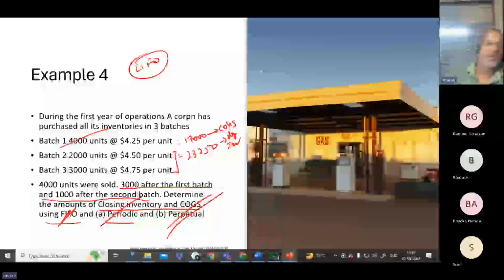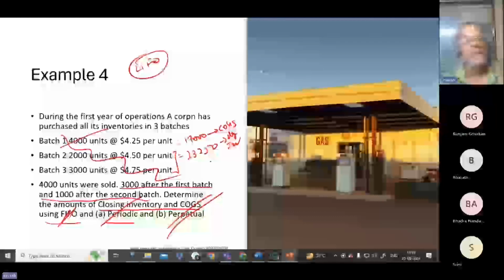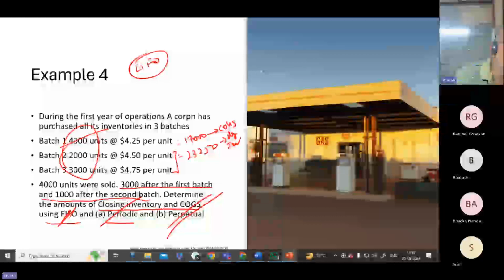Now, what do you understand from LIFO? Last in, first out. Whatever happened in between during the month, we will not take up. So we will total up here as 9,000 units. 4,000 units gone, 5,000 units there.